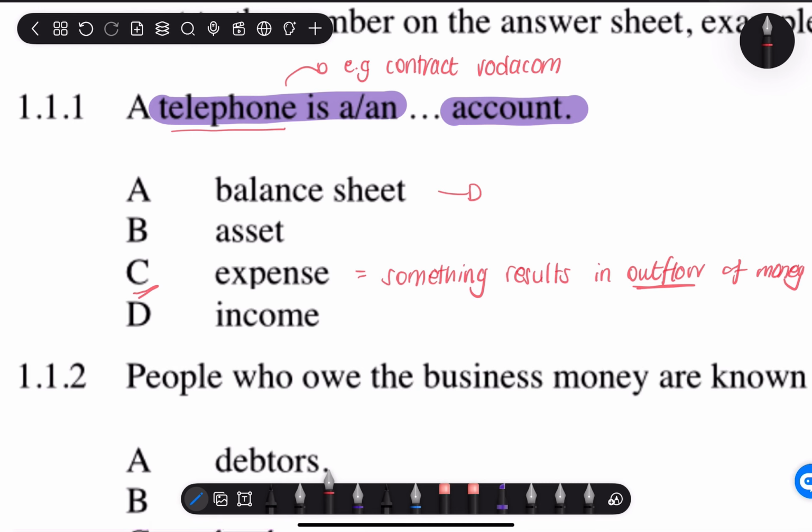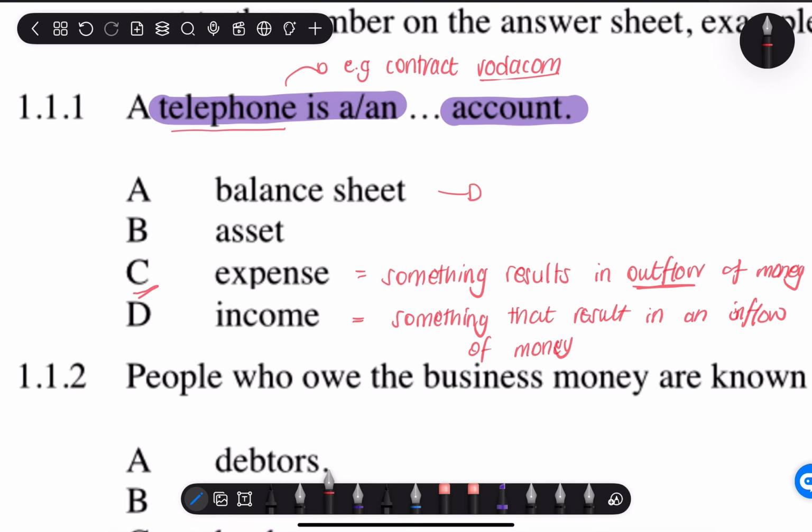Is it an income? What is an income? An income is something that results in an inflow of money. You have this contract with Vodacom, for instance. Does Vodacom give you, the customer, 500 Rand every month?